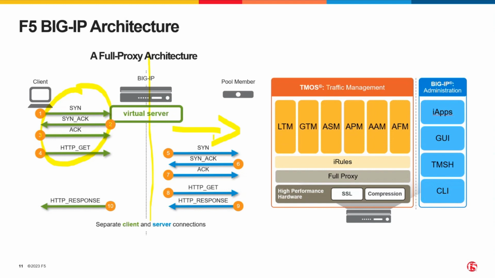From the architecture point of view, on BigIP itself, it's divided into management plane and data plane, which handles the client traffic. The data plane, responsible for handling client traffic, is called TMOS. This is a separate operating system where all those modules we were talking about before, so LTM, DNS, web application firewall, authenticating the traffic, network firewall, DDoS protection, and everything else happens under this traffic management operating system.